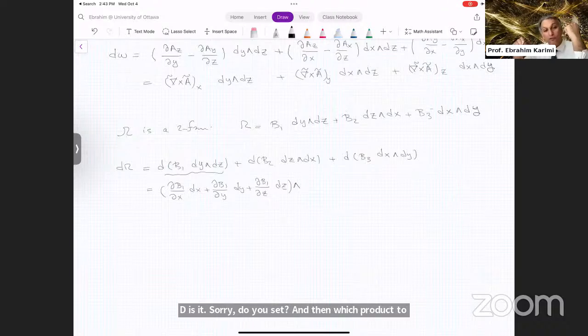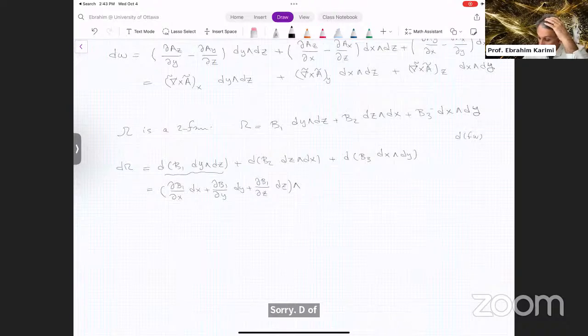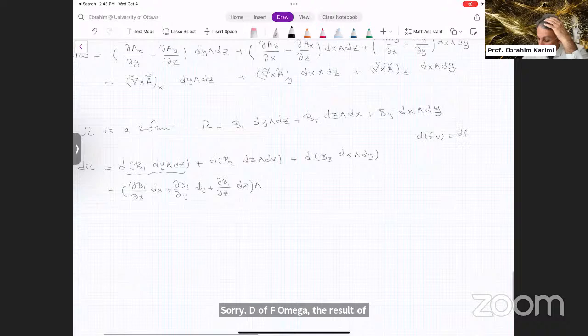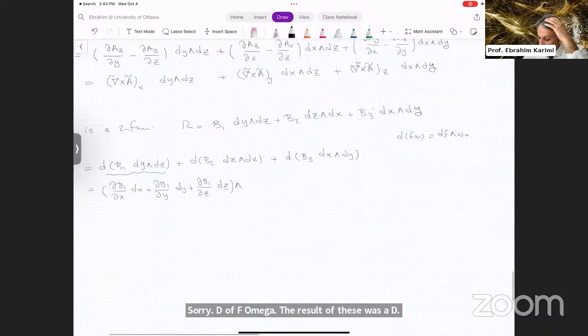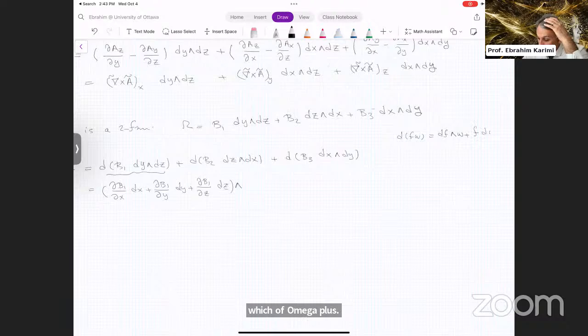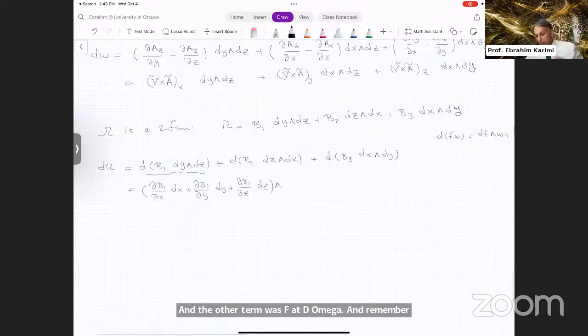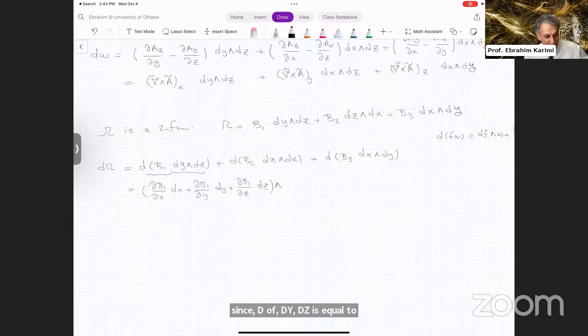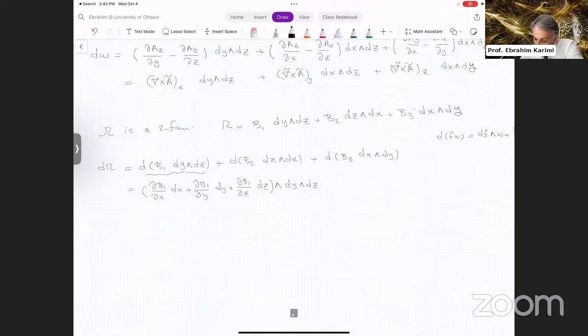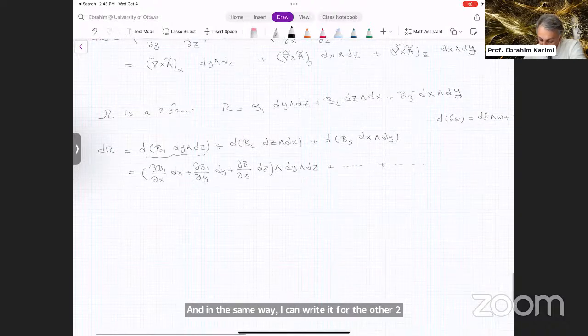Remember, d of f omega is df wedge omega plus f d omega. Here, since d of dy dz is equal to 0, I'm not writing that anymore. The result will be dy dz, okay? In the same way, I can write it for the other two terms, but let's just concentrate on the first one.